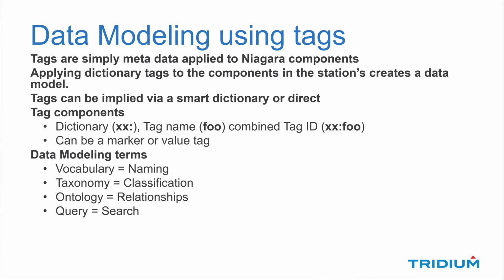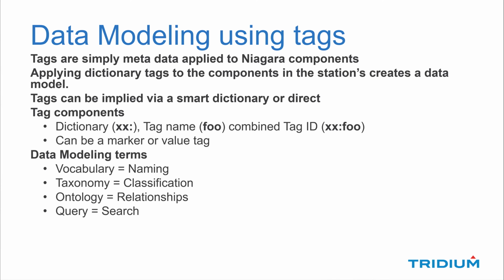But you're going to hear me talk about a tag dictionary. Niagara has the ability to have multiple tag dictionaries. You're going to hear me say ontology, right? So that's a way of creating these relationships and these tags to identify that data. And you can have multiple ways of doing that. So if you hear these words, it's usually all around data modeling.